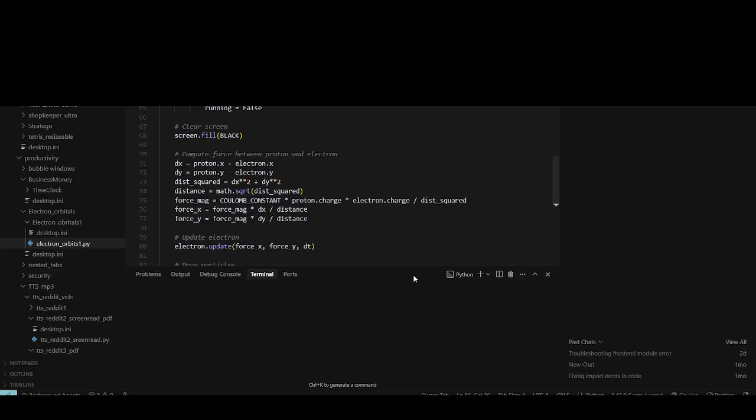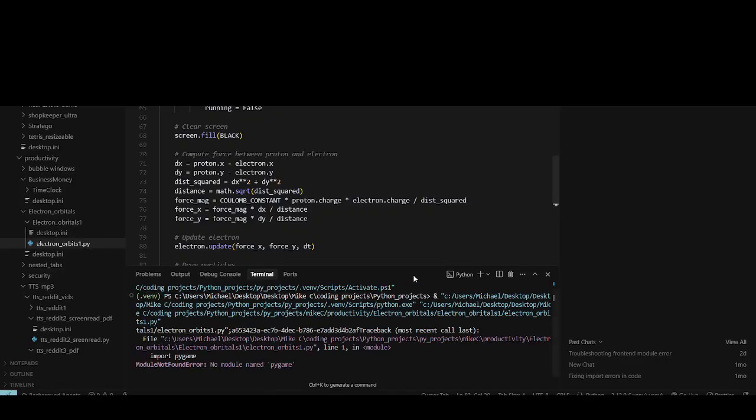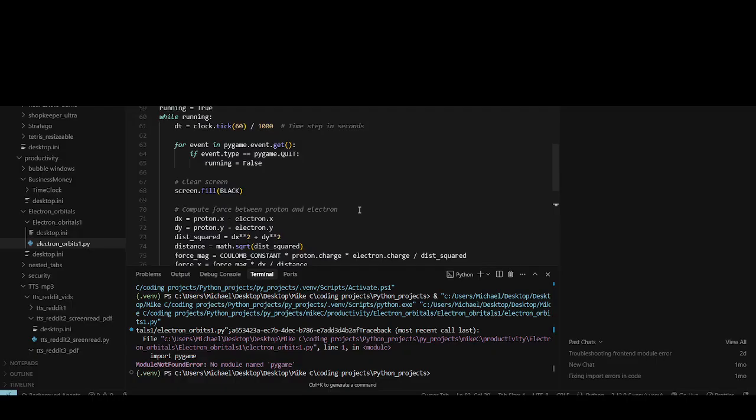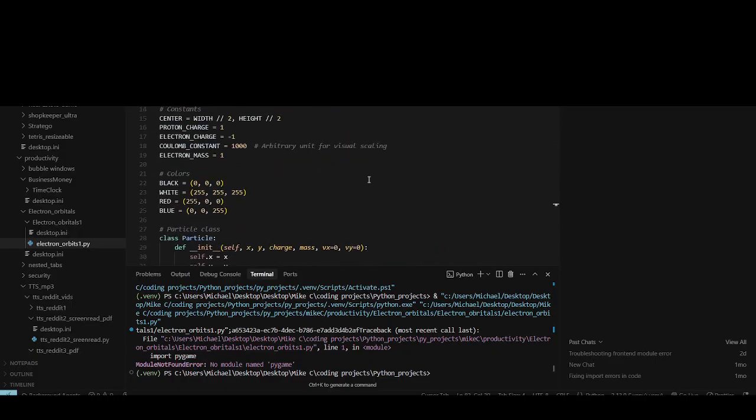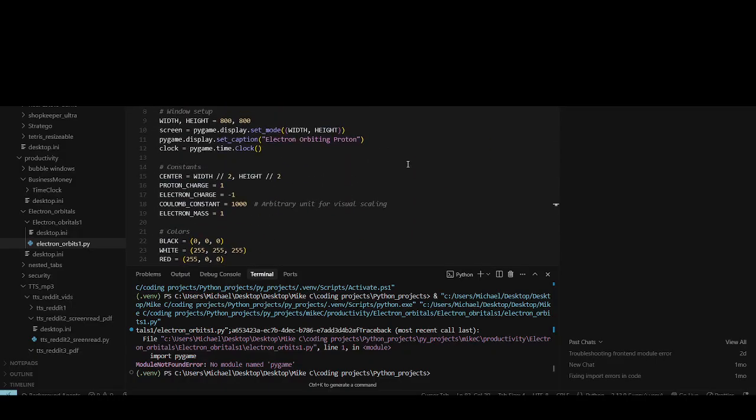So doing this and the screen recorder at the same time might crash everything. Okay, and then I probably need to install some modules. Wait. I've installed Pygame before.